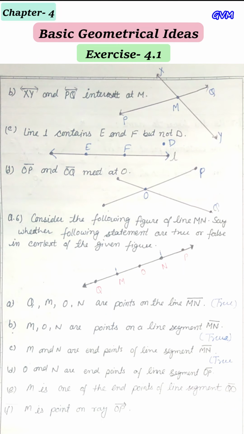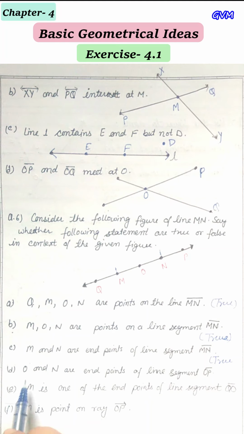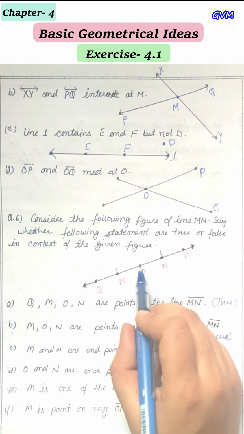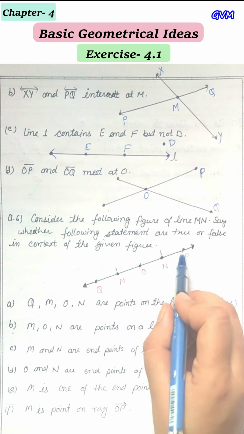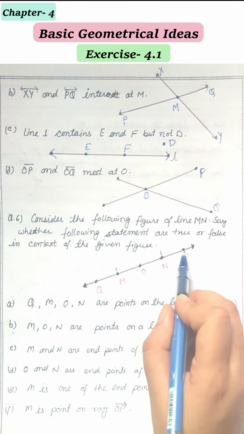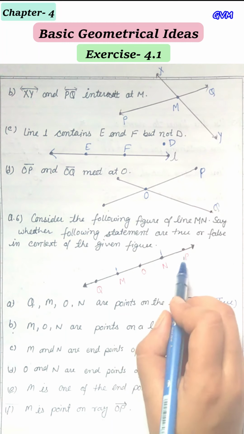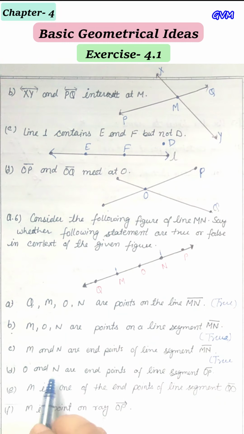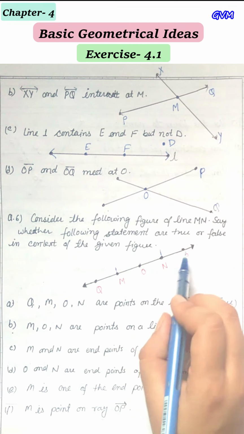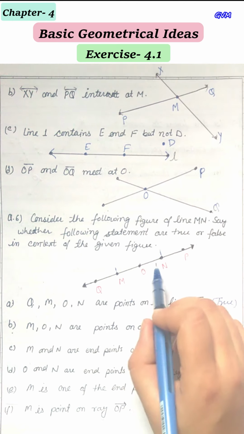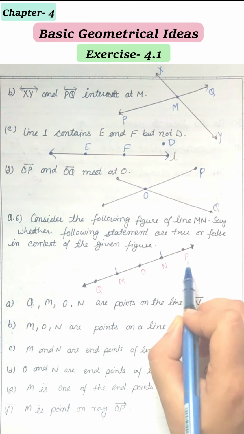Okay. D, we have O and N are endpoints of line segment OP. Line segment OP, with endpoints O and P. So N is not an endpoint, P is the endpoint.